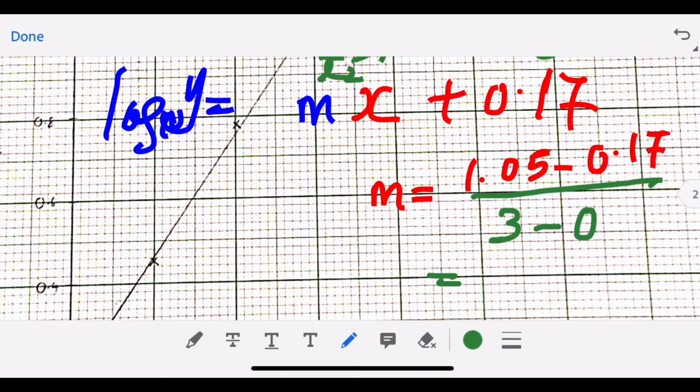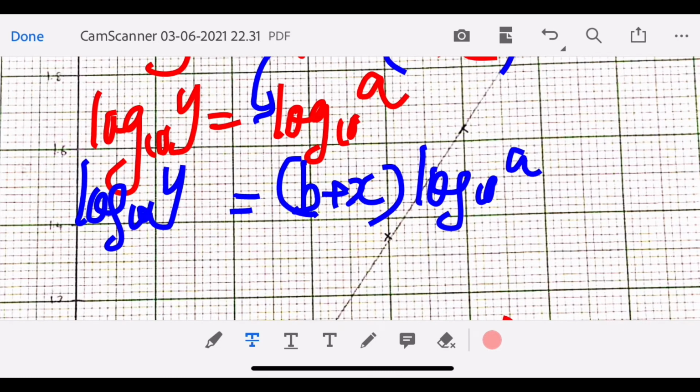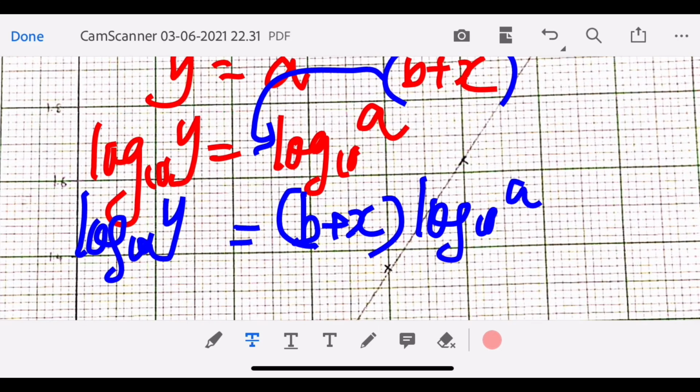The answer you get should be quite close to the answer from the calculator just now, so that you will get full marks. I'm having the answer 0.2933, and just now the calculator was showing 0.29 something, which I'm not going to use. I have to find it on my own.